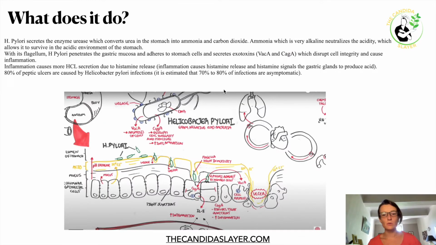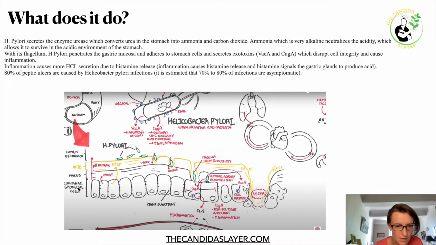So what does it do? Here is a picture I took from a YouTube video that is very well done about Helicobacter pylori. The link is in the list of studies I've put on the first slide. Here you can see the stomach in the top left corner, the antrum, and here is a zoom on this part of the stomach.